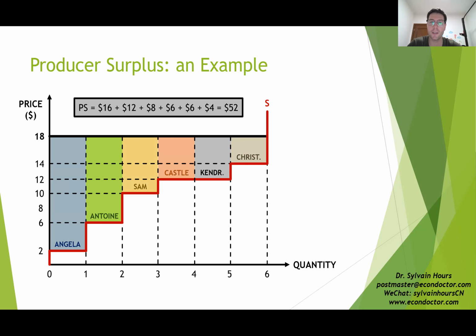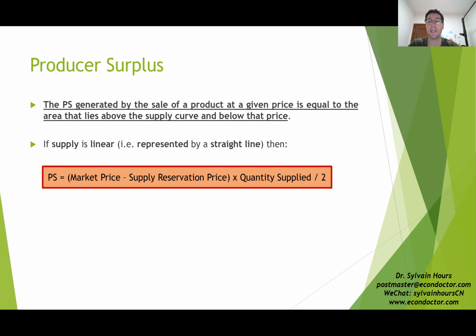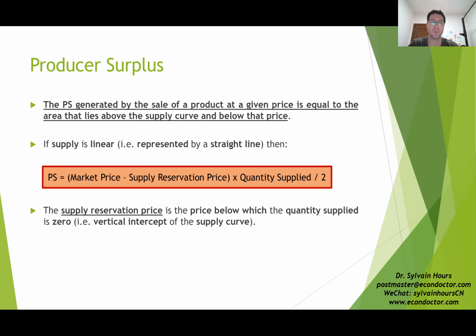And again, what we learned from this example is that the total producer surplus in the market is simply the area below the market price and above the supply curve. Okay, that's what I write here. And again, if supply is a straight line, producer surplus is going to be a triangle, and we can calculate the area of that triangle: the market price minus the supply reservation price, which is the minimum price below which the quantity supplied is 0.